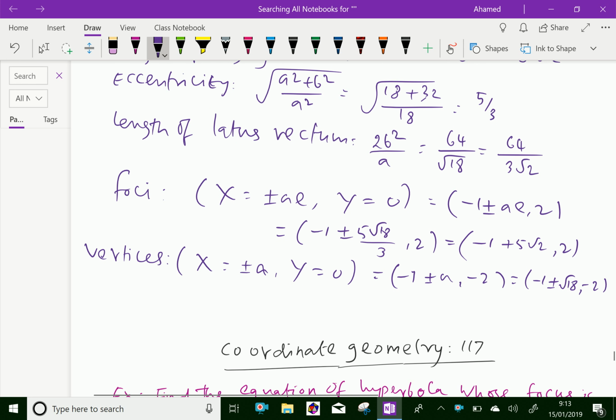Further it is equal to minus 1 plus or minus 3 root 2, comma 2, because root 18 is 3 root 2.